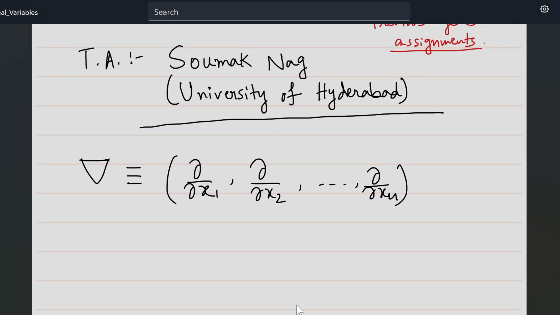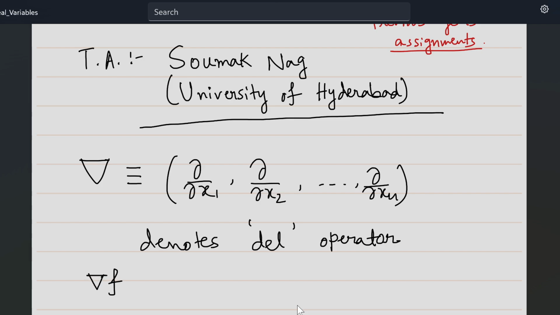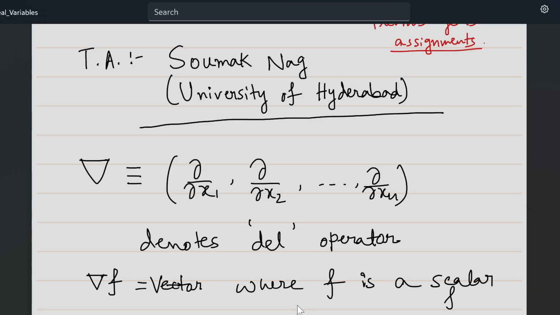So suppose del is an operator which denotes the del operator. Gradient of a scalar is a vector. So f is a scalar function, and its gradient is a vector.